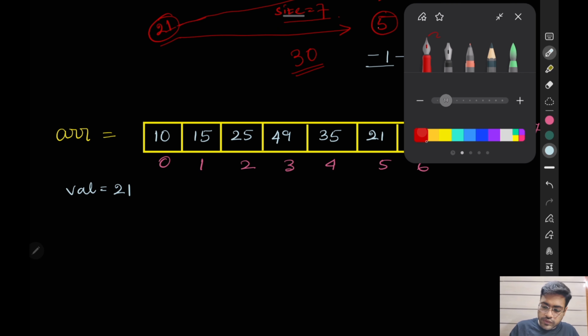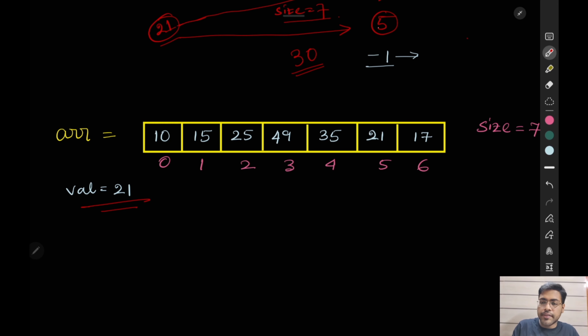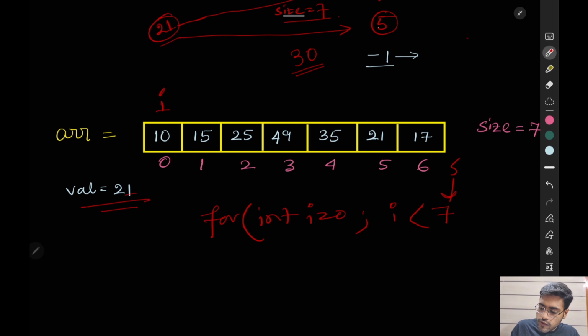Here I want to search 21. Okay, so how will I search? I will start a loop and I will start from 0. That means the loop int i equals 0 and it will go up to less than 7, that means less than size, and i plus plus.